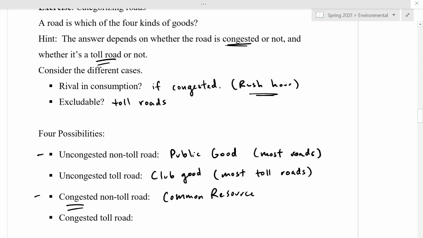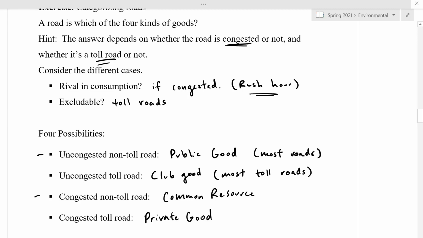And so that could be like a normal highway going into a city in the morning, right? And then last of all, a congested toll road is a private good because it's rival and excludable. And so that one, again, we could think of as a toll road going into a major city that's going to be very congested.